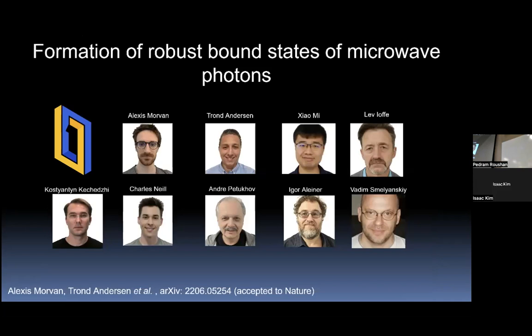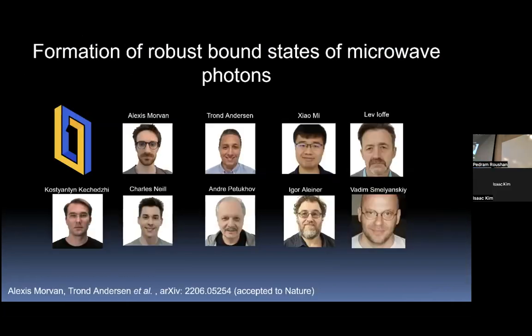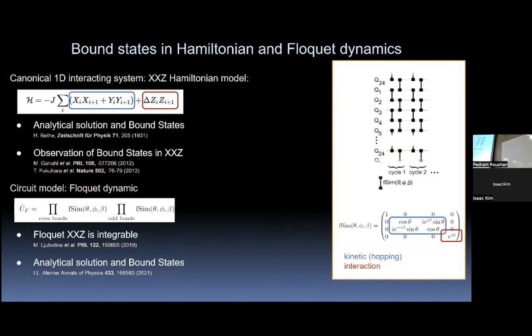I'm going to give a fast version of this physics. This is a different mode of discovery. This was done internally by my colleagues at Google. The physics we are interested in here is the physics of bound state formation.